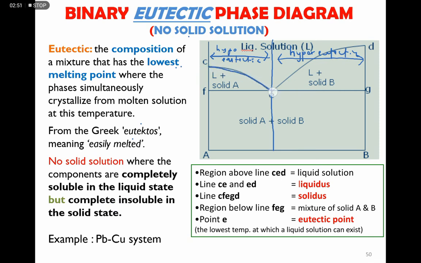So look here, liquid plus solid A, and for the hyper side, liquid plus solid B. Below the solidus, this region is solid A plus solid B.